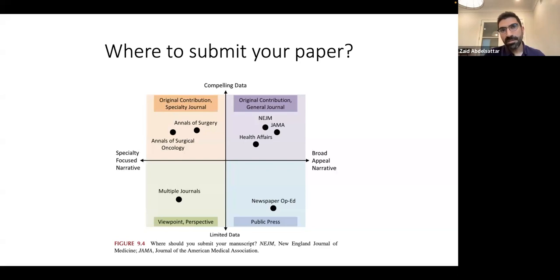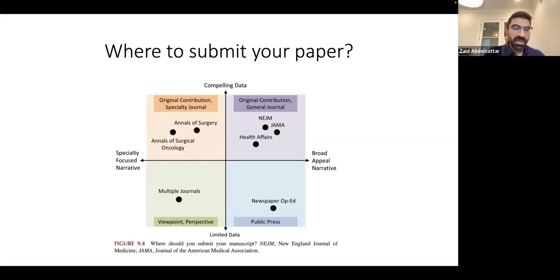So for us surgeons, the biggest journals for surgery are Annals of Surgery, JAMA Surgery. Next comes your specific society. So for us, it's JTCVS, Annals of Thoracic Surgery, Annals of Surgical Oncology, JACS, Surgery. And then the next tier is like American Journal of Surgery and Journal of Surgical Research, or Journal of Surgical Education, and you have to send it to where you think it probably was going to get in.